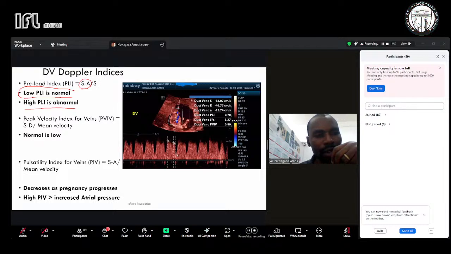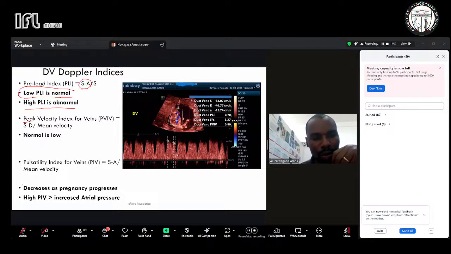So the second index is the peak velocity index for veins, which is a difference between the velocity in the S wave minus the velocity in the D wave over the mean velocity, and the normal is also low. The last one on my list is the pulsatility index for veins, which is a difference between the velocity in the S wave minus the velocity in the A wave over the mean velocity.